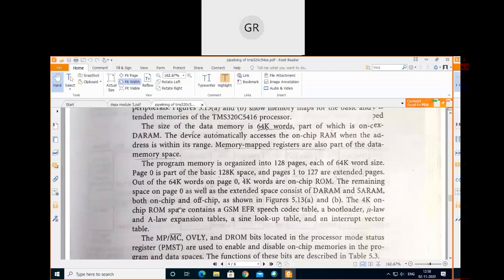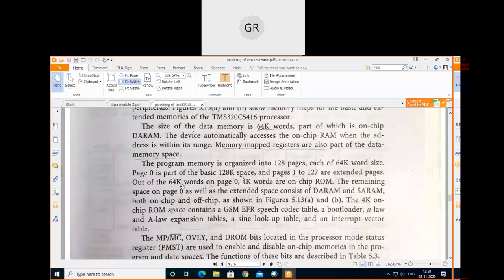The program memory is organized into 128 pages, each of 64K word size. Page 0 is part of the basic 128K space, and pages 1 to 127 are extended pages.